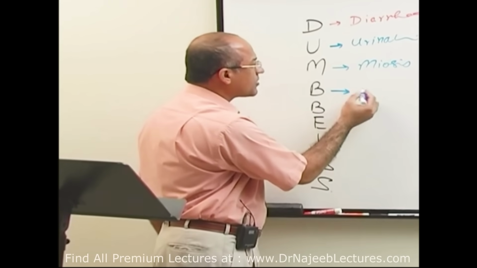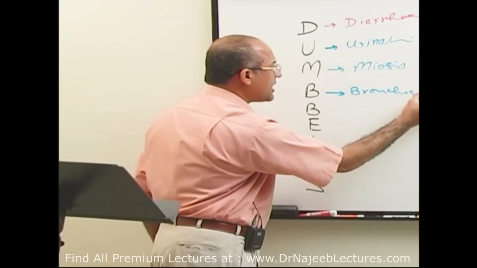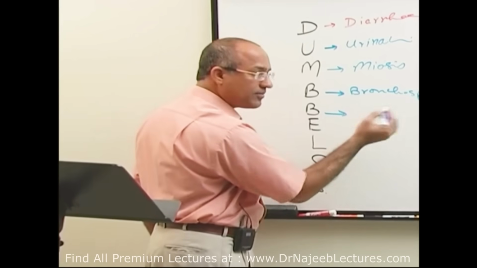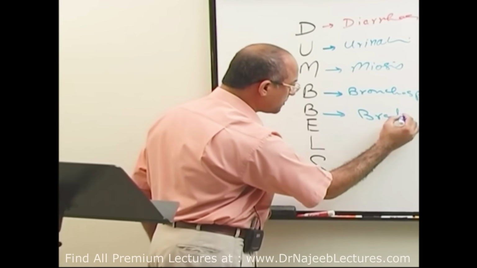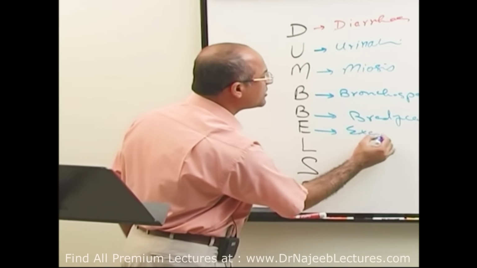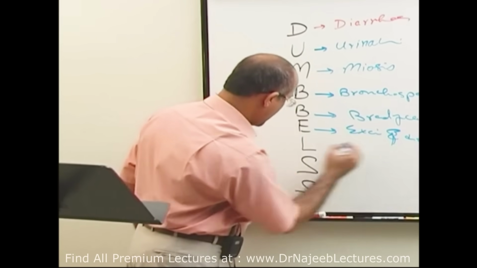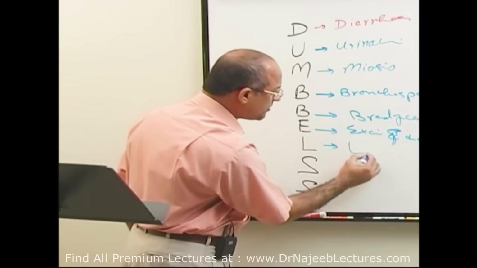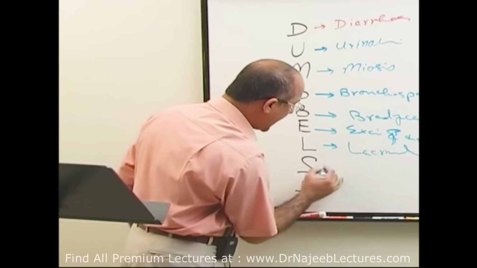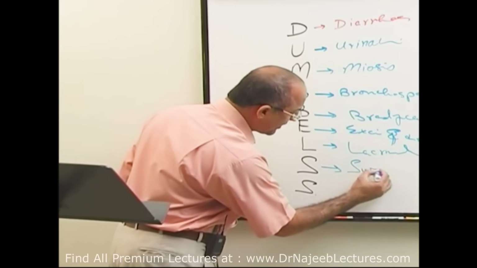B for bronchospasm, and then B for bradycardia. E for excitation of CNS and muscles. L for lacrimation. S for salivation and sweating.